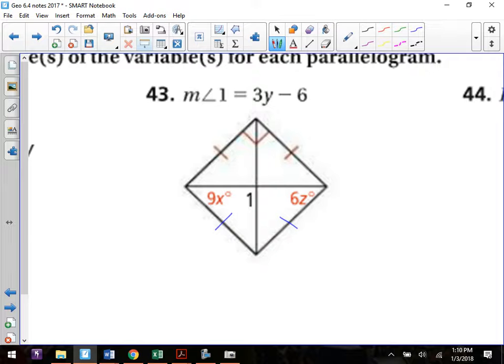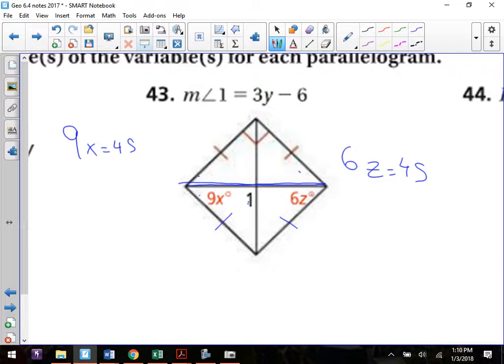Okay? Now, with this then becoming a square, these diagonals do what to these angles here and here? Bisects them. If you bisect the 90, what are you left with? Good. So you have your 9x has to equal 45. The 6z has to equal 45. And then what does angle 1 have to equal?